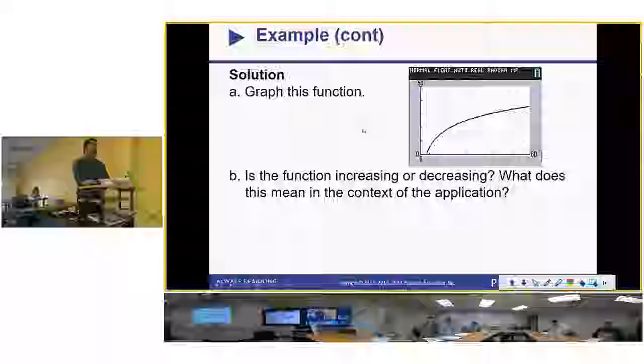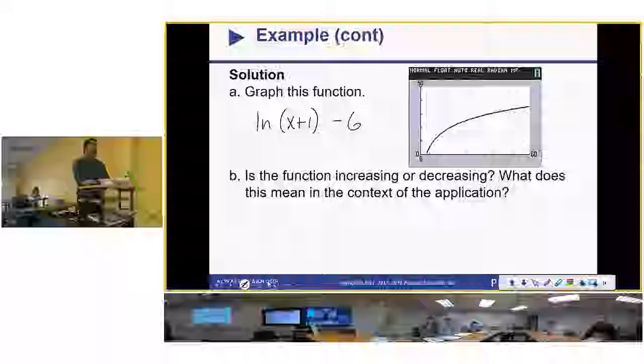The same applies if I give you this, and I'm just going to go over this for you because of the parent graphs. Remember your first parent graphs, the first 8 parent graphs? Well, if I give you the natural log of x plus 1 minus 6, what is that? I've got a horizontal shift of 1 to the what? Left.